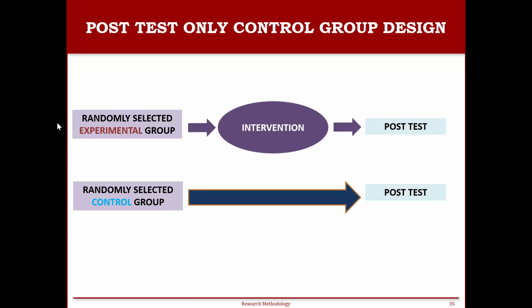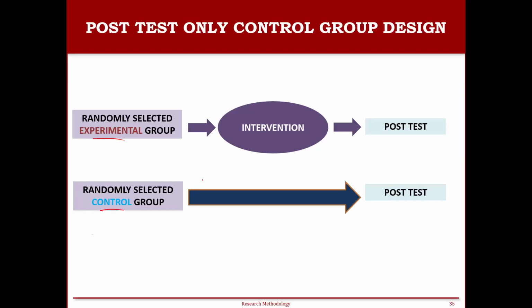In this post-test only control group, we don't conduct any pre-test, right? Of course, we do some interventions here. We test something, but we only conduct a post-test. So here we have three options. In all these three options, we have an experimental group and a control group.